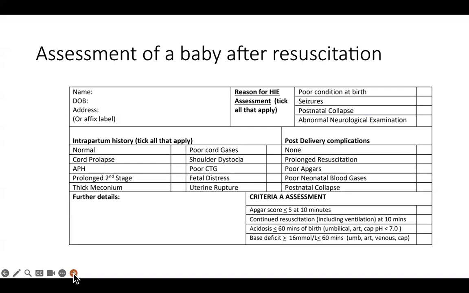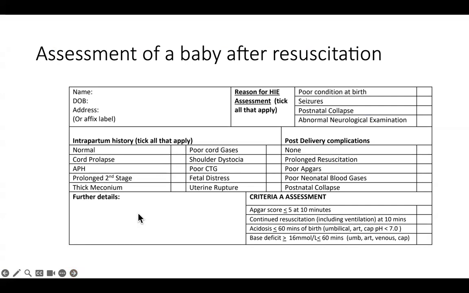After you have resuscitated a baby and been successful, the first question you are going to ask yourself is whether this baby needs further treatment, whether this baby is having HIE features. To diagnose HIE, we have already discussed that it's a clinical entity. So we have to look at the baby's condition.